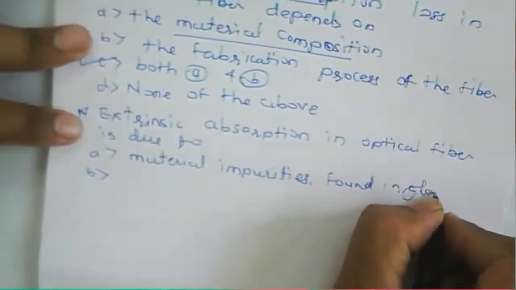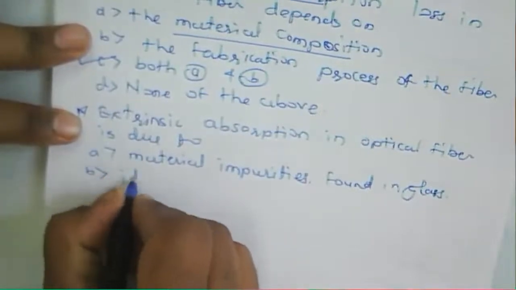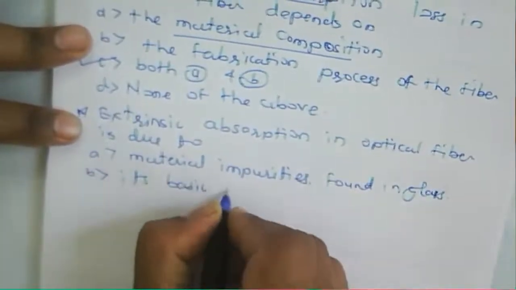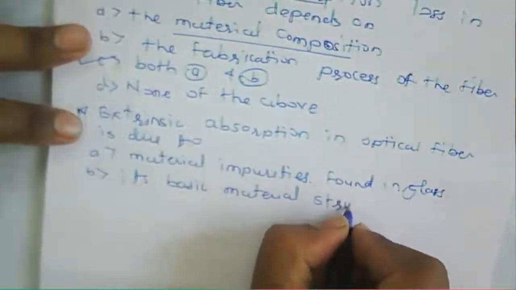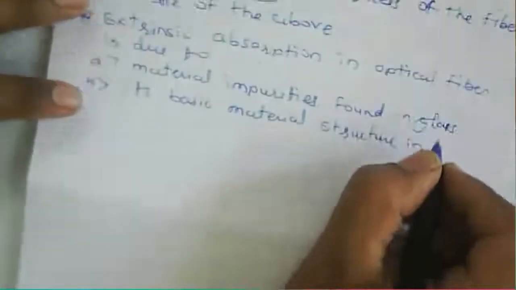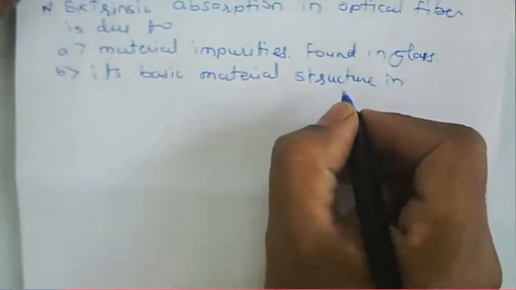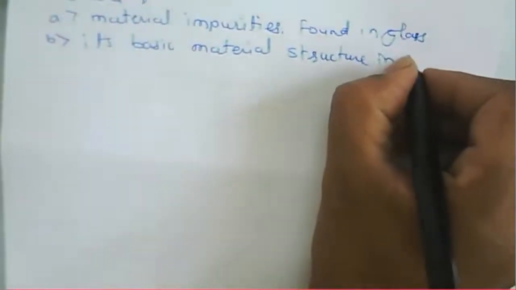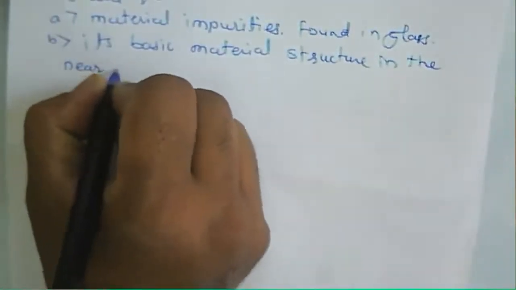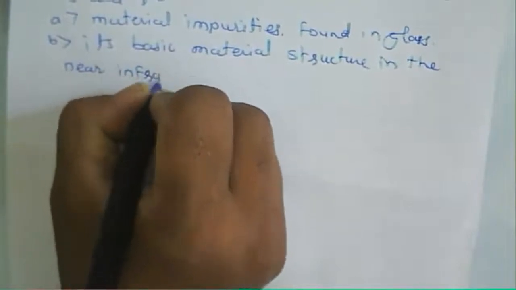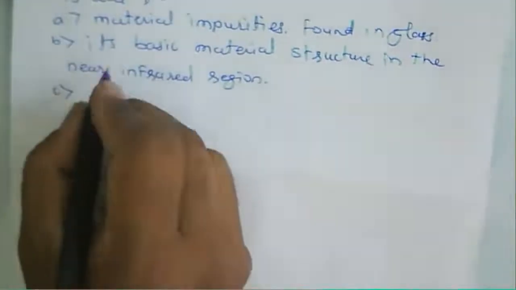Then B, its basic material structure in the near infrared region.